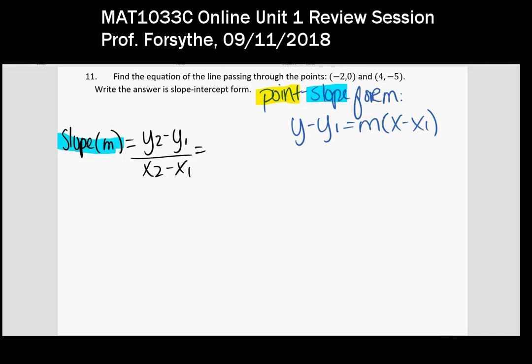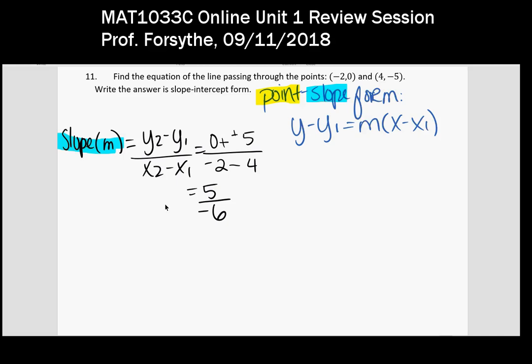So let's subtract the y values: 0 minus -5, divided by -2 minus 4. So 0 minus -5, minus a negative becomes positive, so 0 plus 5 is 5, over -2 minus 4, same sign, so you add and keep the sign, -6.